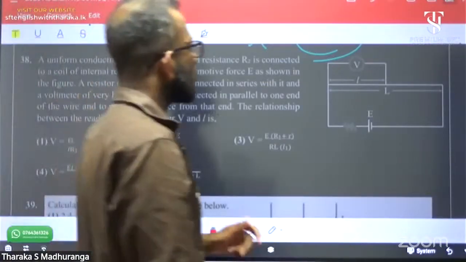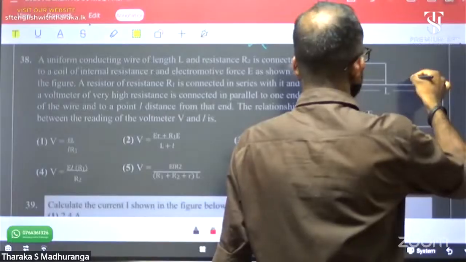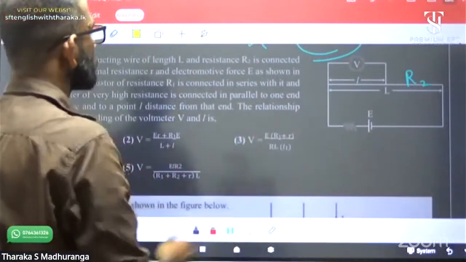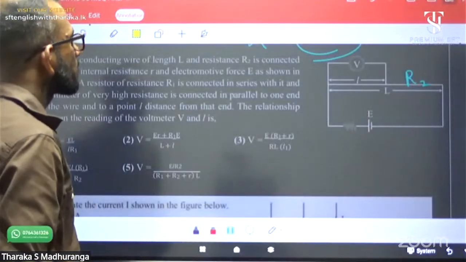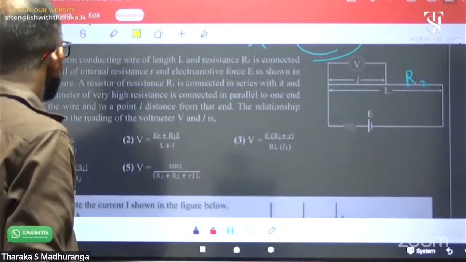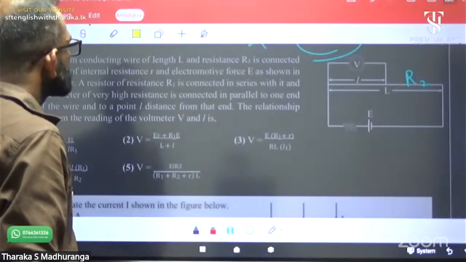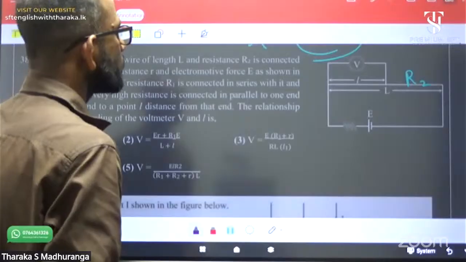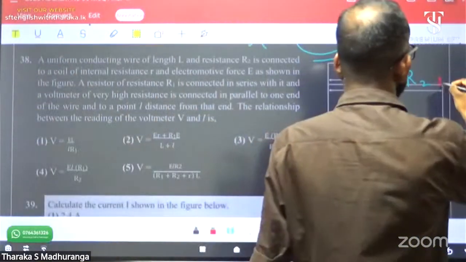The length is L and its resistance is R2. R is the internal resistance.